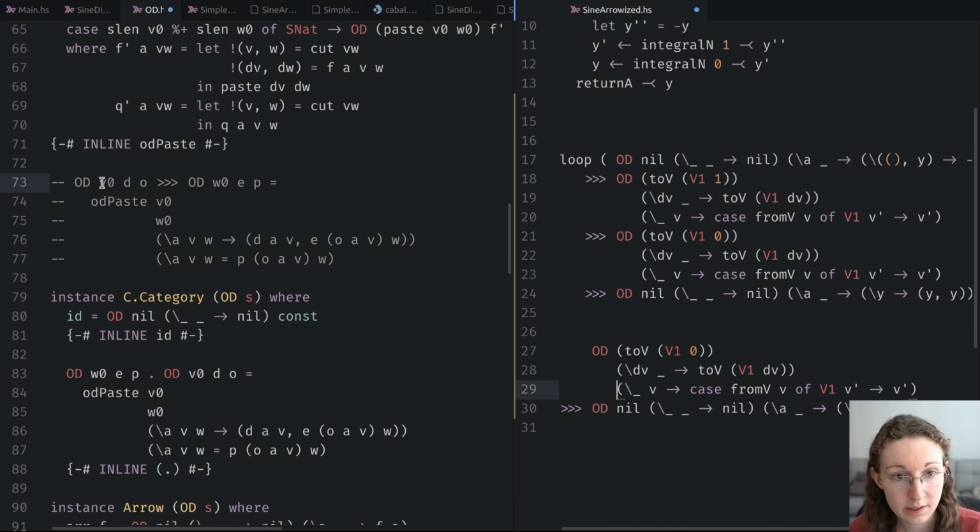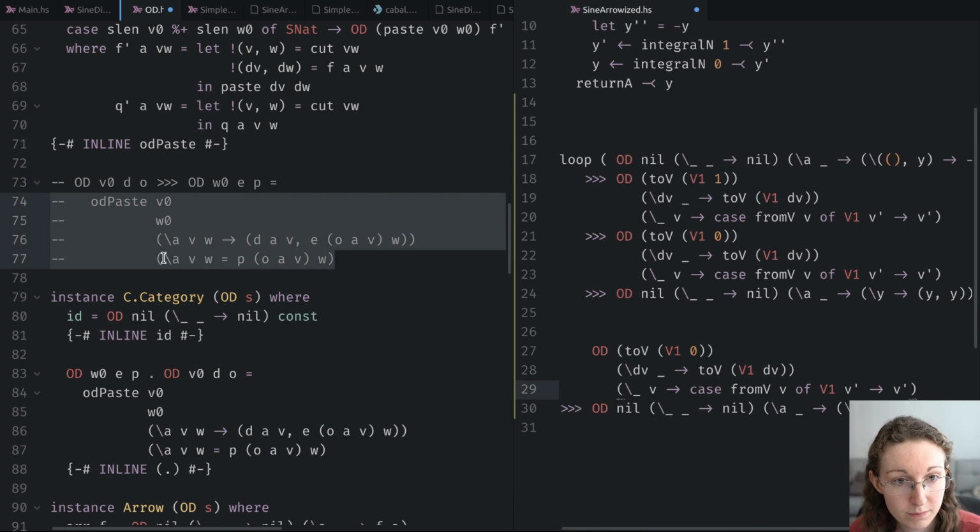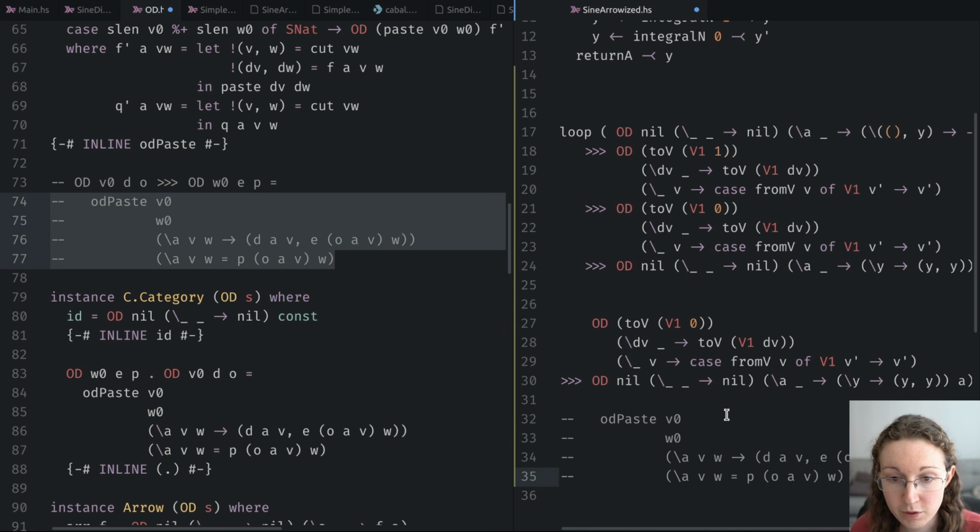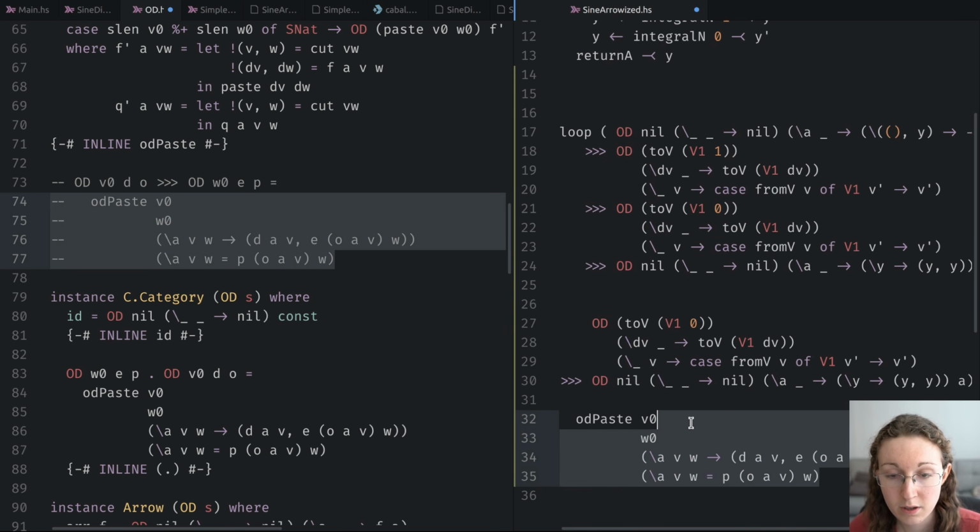So once again, we're going to copy over the right-hand side and substitute in the variables. So in this particular case, v0 comes from this first argument to OD here. So I'm going to copy this, put this in here. Then D is used in a few different places. I guess it's only used in the one place.